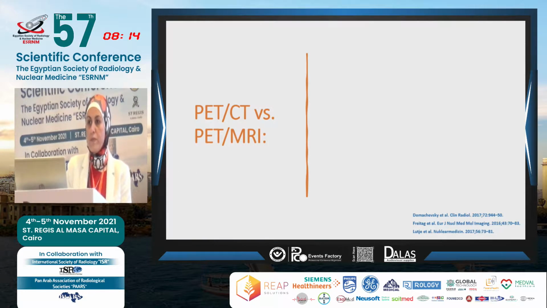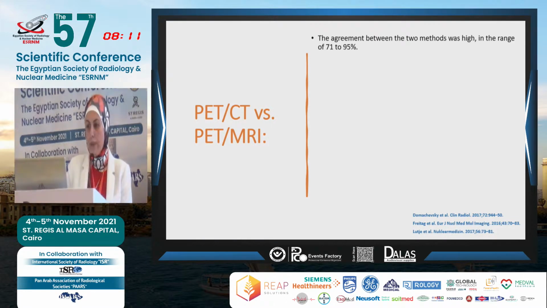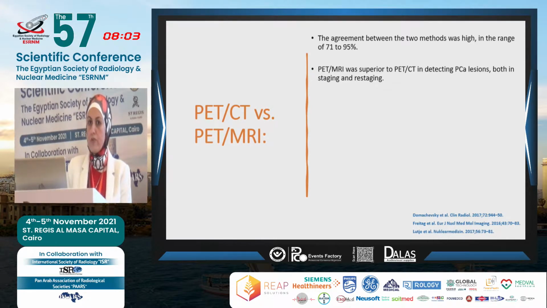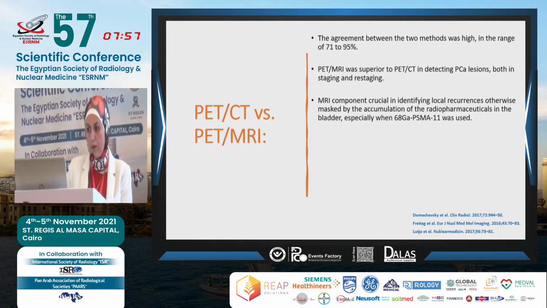What is the difference between PET-CT and PET MRI? There is good agreement between both modalities. However, PET MRI is superior in detecting local prostatic disease due to the superiority of MRI in evaluating prostatic masses compared to CT alone.